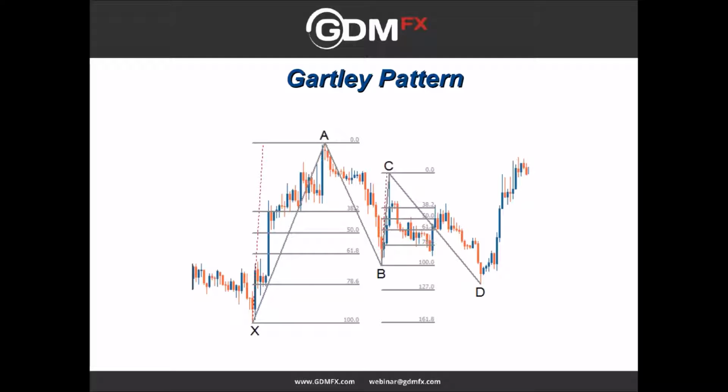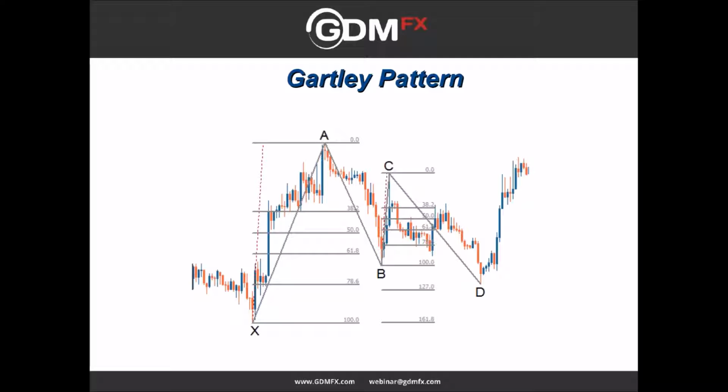Important, very, very important about our D point here. We're not living in a perfect world. One more time. To be exactly the same as 78.6% retracement for a point D is close to, let's say, 0.001%.